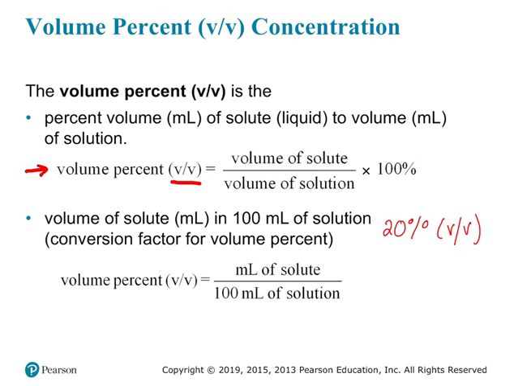We could say, okay, that must mean I have 20 milliliters of solute for every 100 milliliters of solution. So again, in this case, we're assuming that we have 100 milliliters of solution because this is a volume percent. And then we can make the assumption that we have 20 milliliters of solute. And very similar to what we did before.